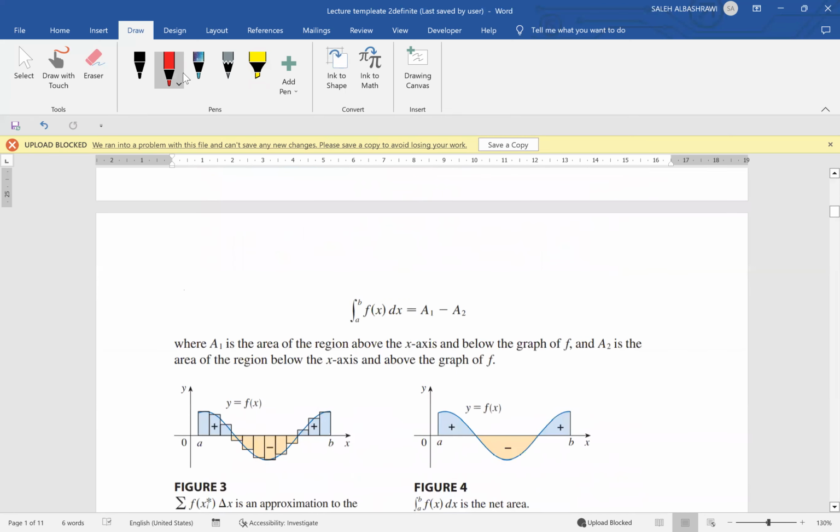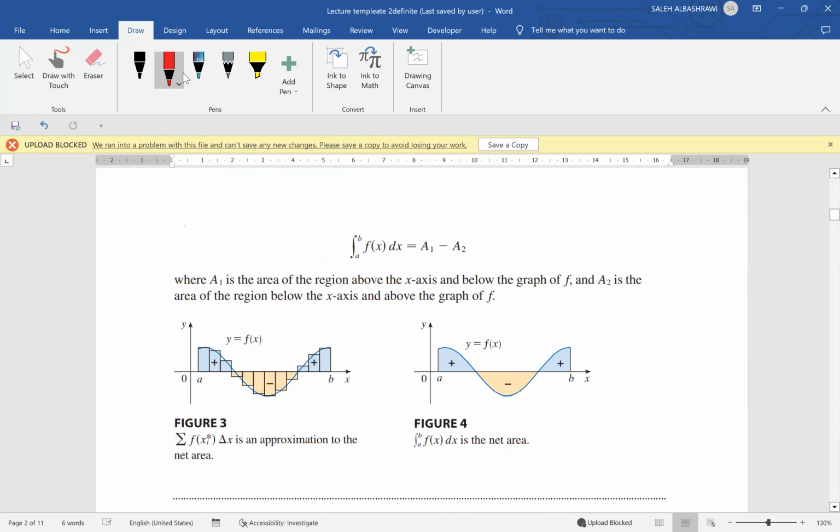And to evaluate the definite integral for some functions, like what we have here in this figure, it can be positive or negative. So the definite integral from a to b of f of x equals a1 minus a2. a1 is the positive part, the area of the region above the x-axis, and a2 is the area of the region below the x-axis and above the graph of the function.